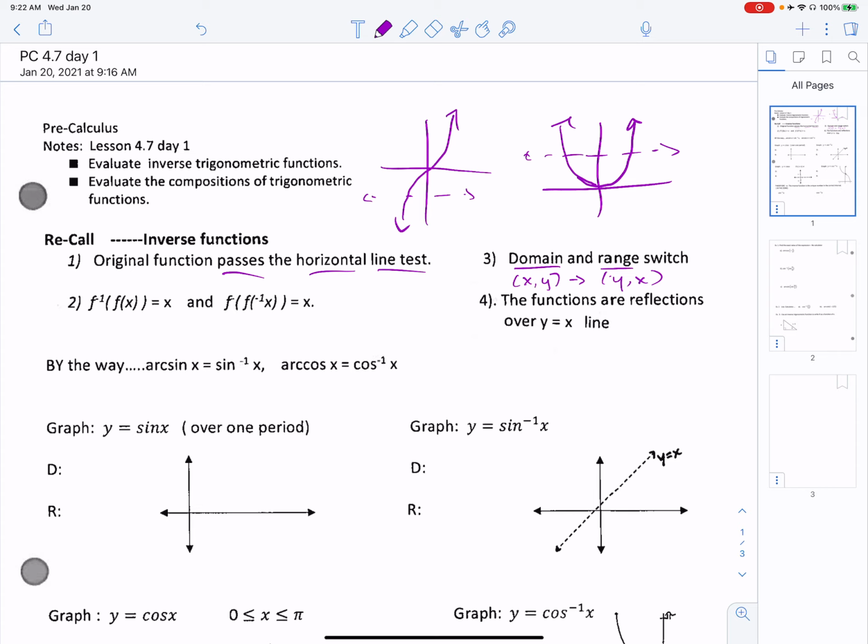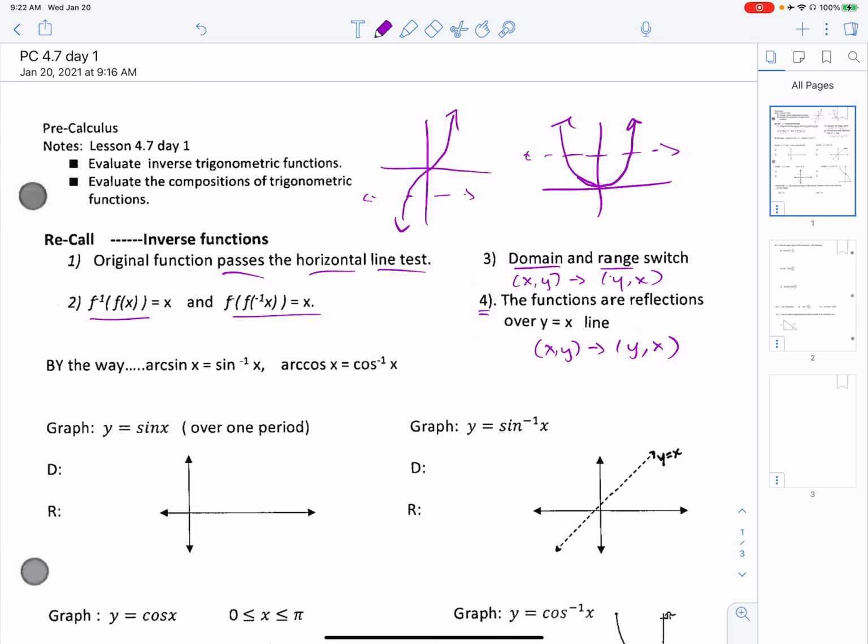Algebraically, you show that functions are inverses by doing two things: you have to do the inverse of f of x and show it comes out to x, and you have to do f of the inverse of x and show it comes out to x. Graphically, the functions are reflections over the line y equals x. When you reflect over the line y equals x, the points (x, y) map onto (y, x). They change position, and that's why domain and range switch.